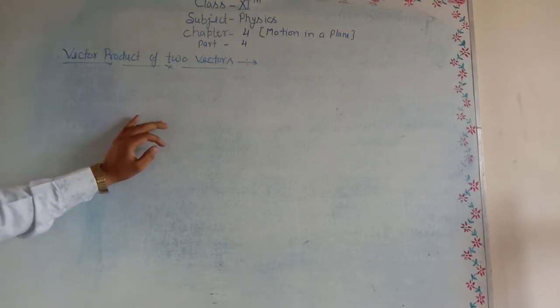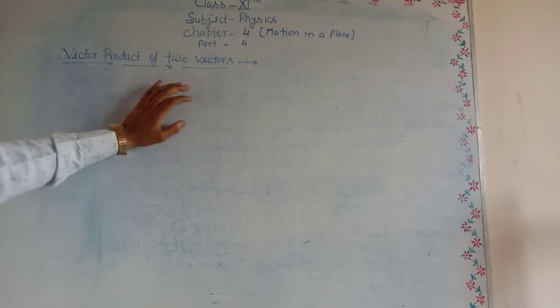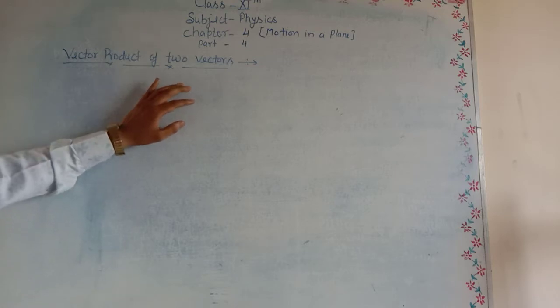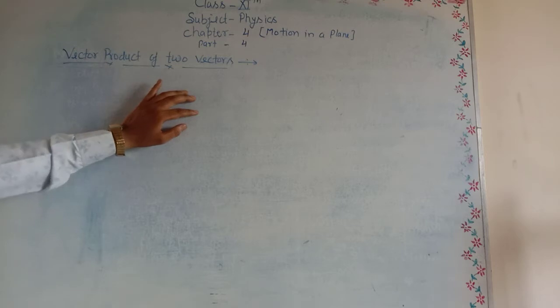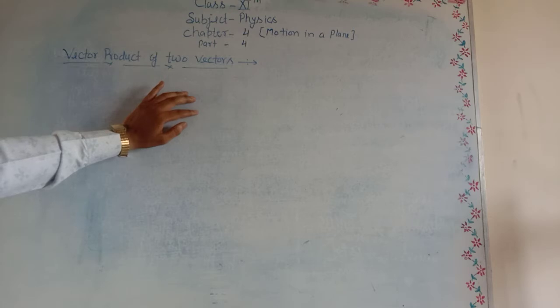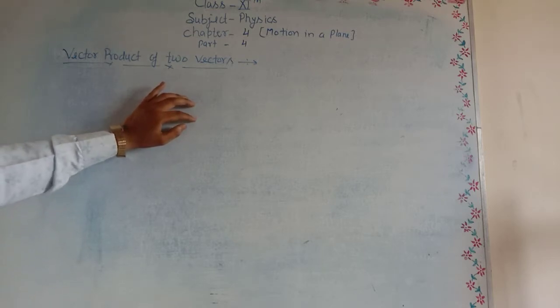It is denoted by a cross. The vector or cross product of two vectors is defined as the vector whose magnitude is equal to the product of the magnitudes of two vectors and the sine of the angle between them, and whose direction is perpendicular to the plane of the two vectors, and it is given by the right hand rule.